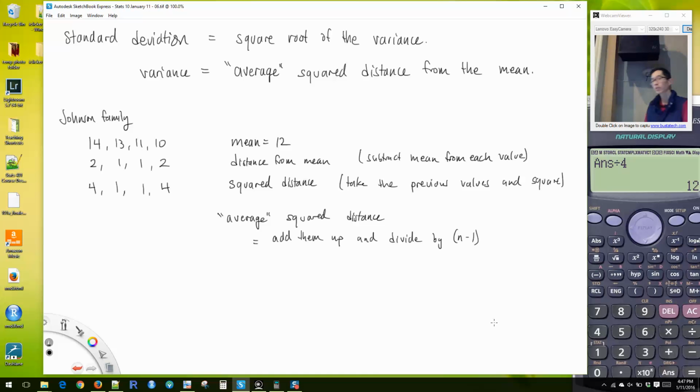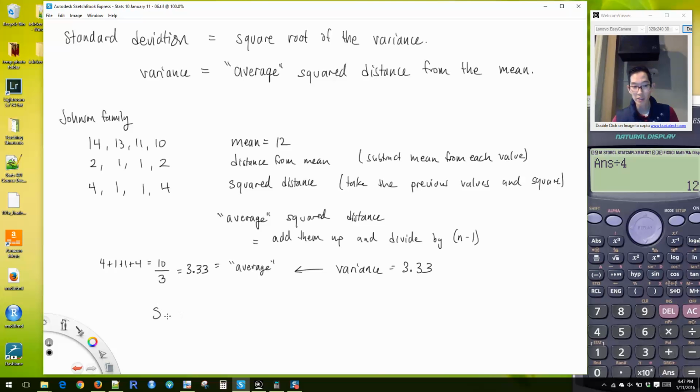That's why I have the average in quotes there. So what is the quote average in this situation? We would do 4 plus 1 plus 1 plus 4, which equals 10, and then instead of dividing by 4, we divide by what? 3, and we get 3.33. So this is the average squared distance from the mean. This is the variance. The variance is equal to 3.33.